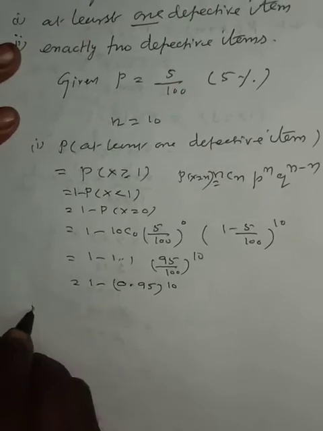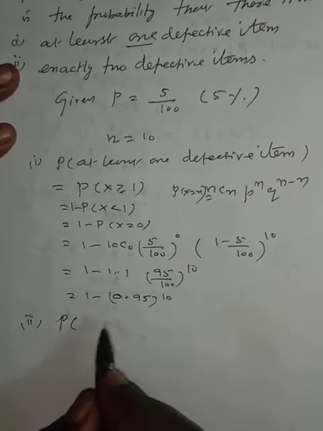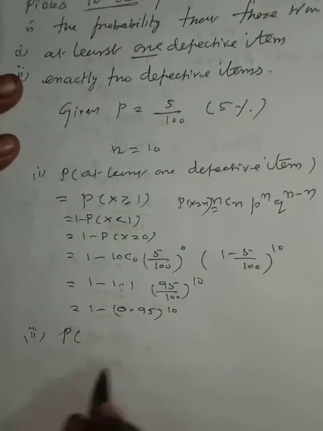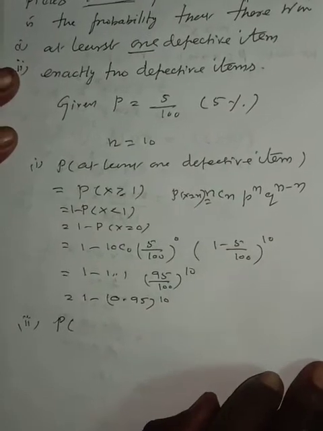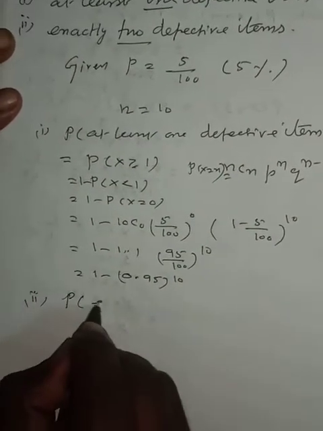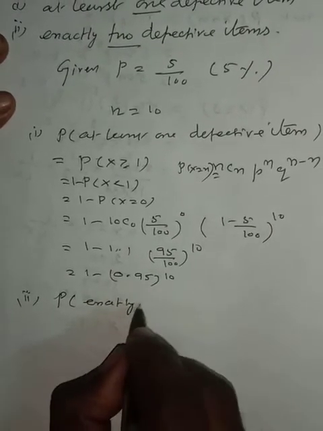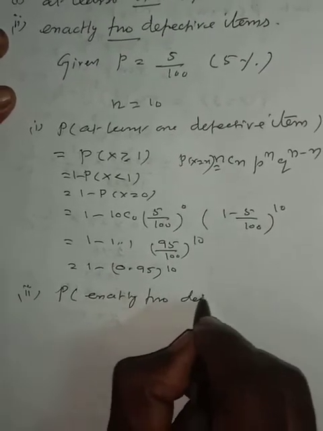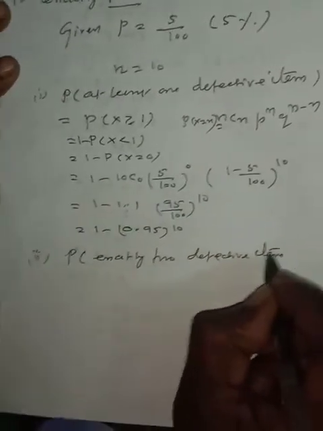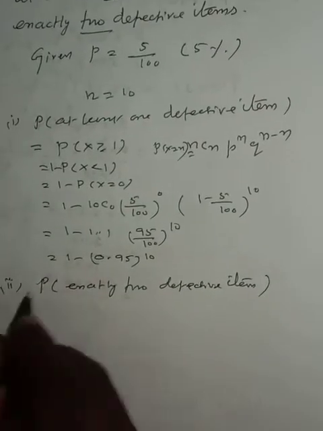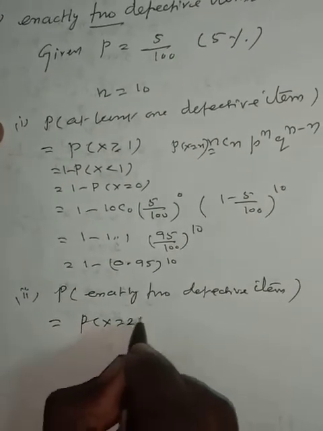Next, question number 2. The probability of exactly two defective items is equal to P of x equal to 2.